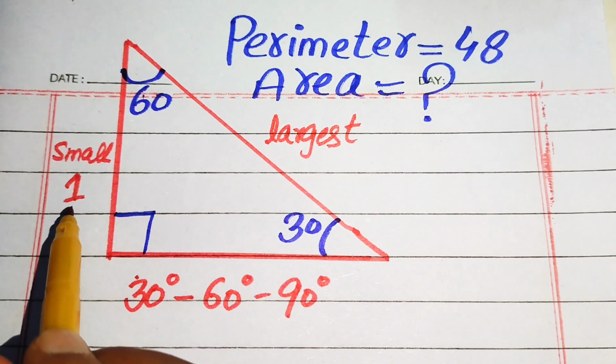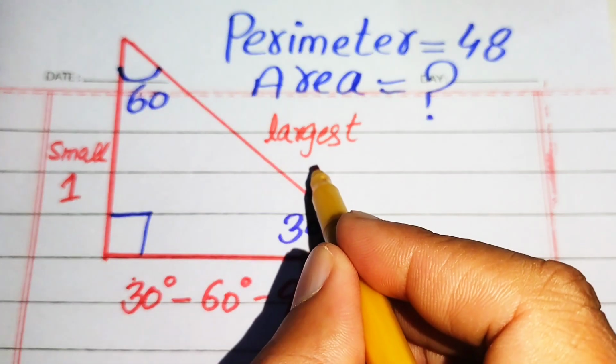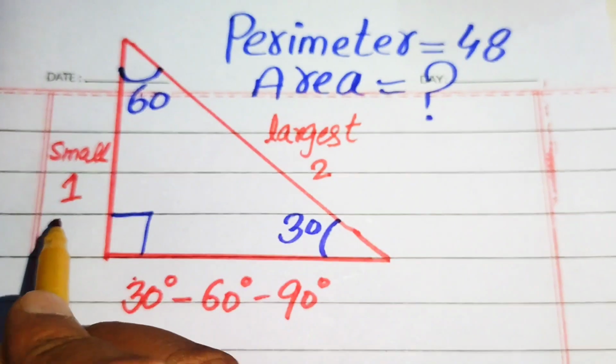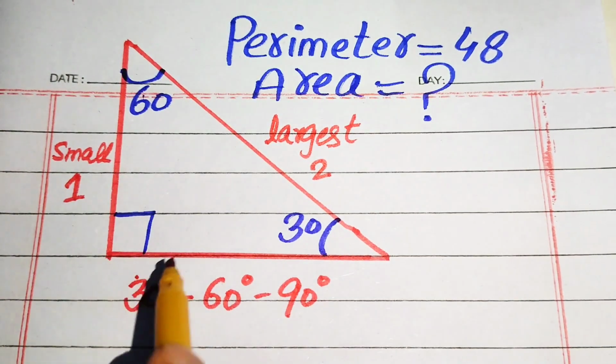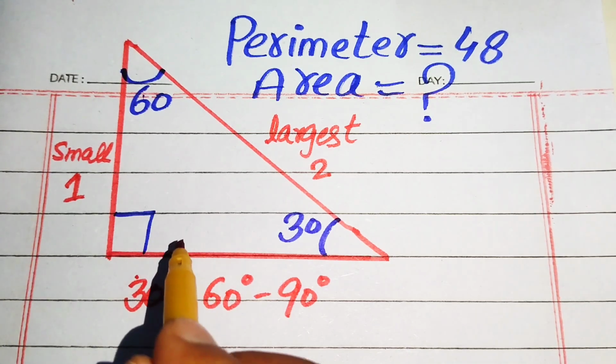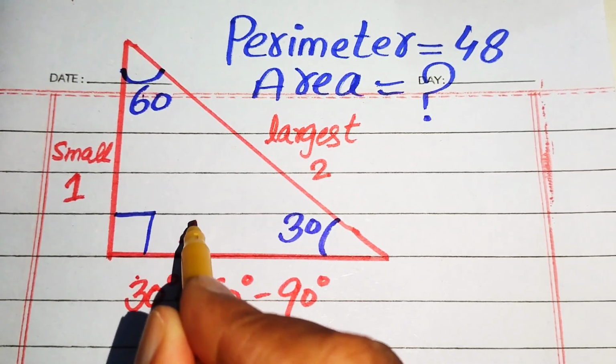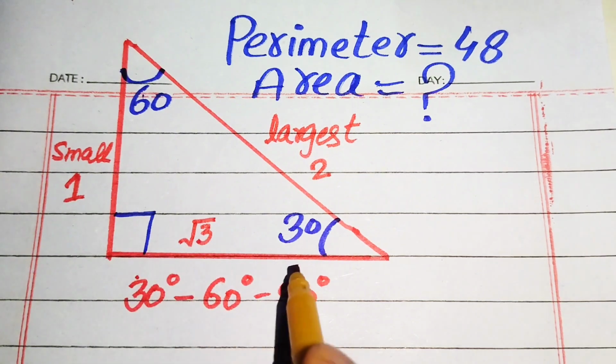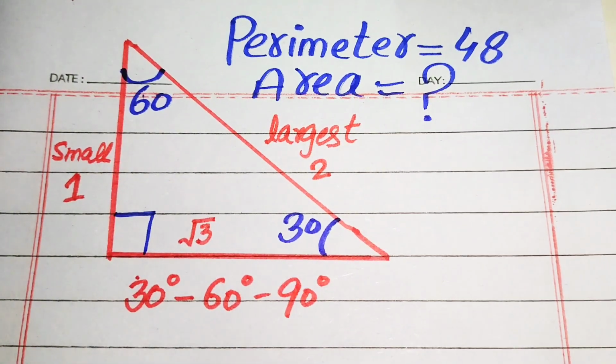It means that if the smallest side is 1, then our largest side is 2, because 2 times 1 is 2. So we easily find the side length of the third side. We use the Pythagoras theorem, and then you easily see that the length of the third side is square root of 3.